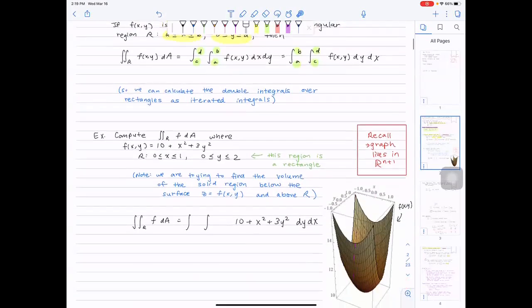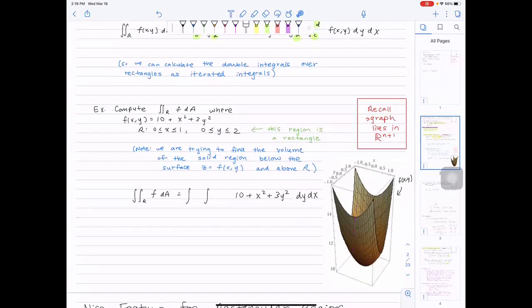So for example, let's do this example. It says, compute the double integral of some function, which we're given, over this rectangular region. And you know this is a rectangular region because your x is between 0 and 1, y is between 0 and 2. So you can imagine a purple rectangular region down there.